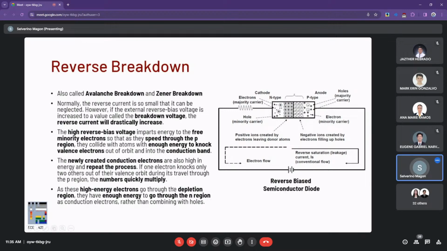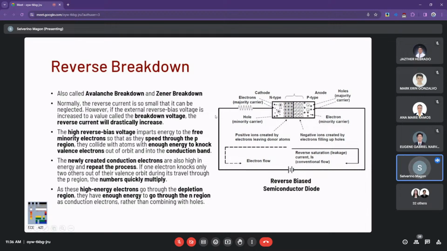happen if we exceed the reverse bias potential. We've seen in an earlier graph that we can reach negative 10, 20, or even 40 volts for some devices. But of course, there will be an absolute limit.